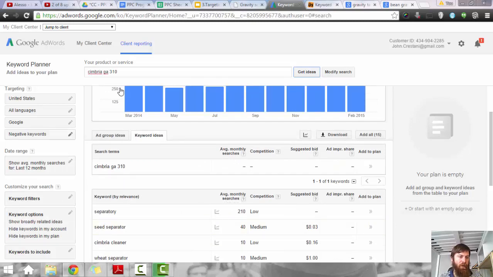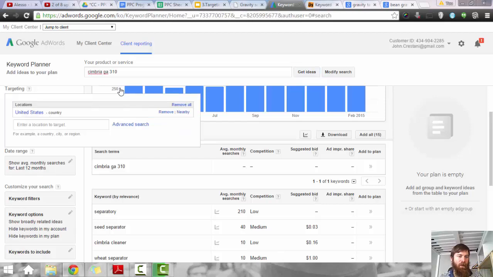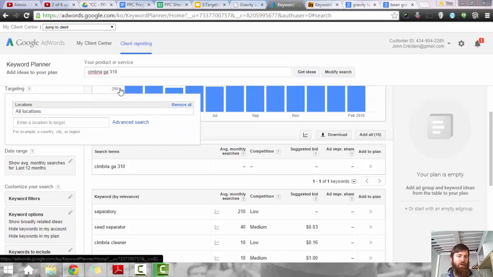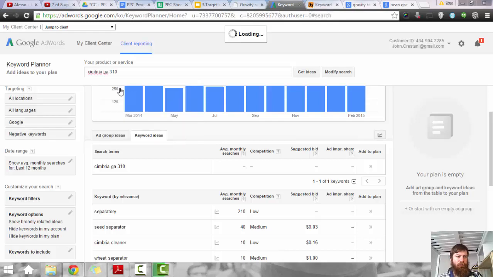Another thing that I'm going to modify right now is I'm going to target the entire world, because these gravity separators are sold all over the world to a worldwide clientele.